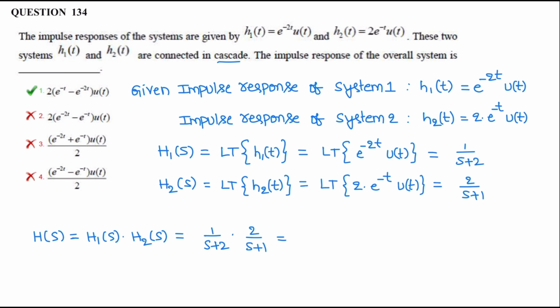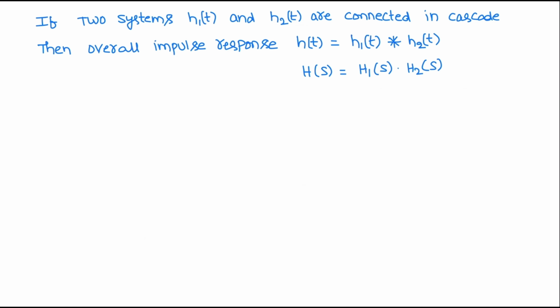So arrange this, minus 2 by s plus 2 plus 2 by s plus 1. So this is the overall transfer function. So apply inverse Laplace transform, that is overall impulse response h of t is equal to inverse Laplace transform of h of s.